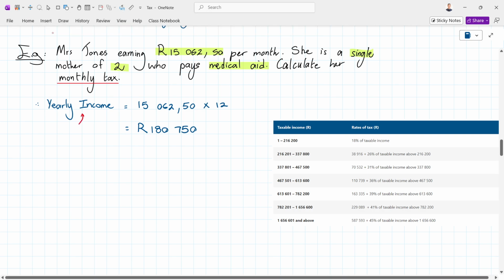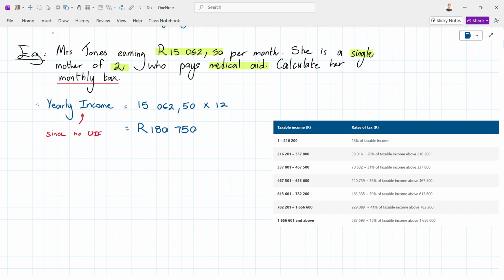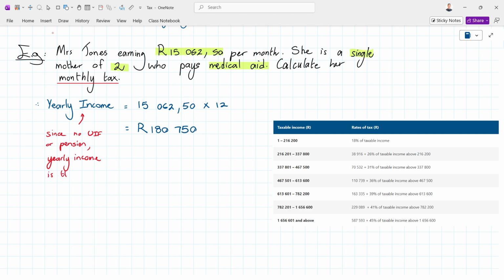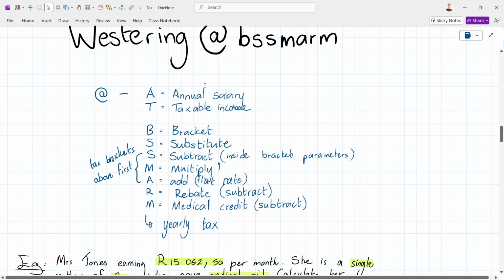I will tell you here, since no UIF or pension, the yearly income is the taxable income. Okay, so that is her taxable income. So what do we need to do next? We've got all of that, we need to determine what bracket she's in.